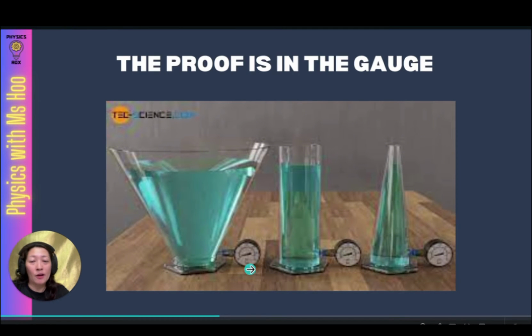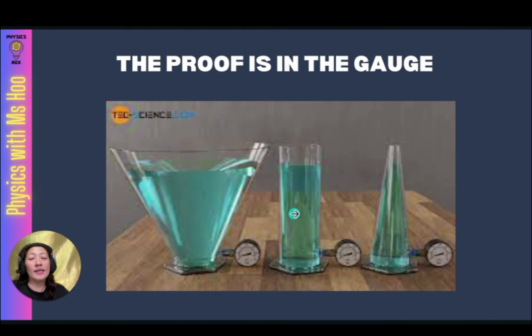From this diagram, we can observe that all three pressure gauges are showing us the exact same values. Regardless of whatever volume the liquid is, whatever size or shape of the containers are, all of them have the same liquid. All of the containers have been filled up to the same height, and therefore all of them are exerting the same amount of pressure.